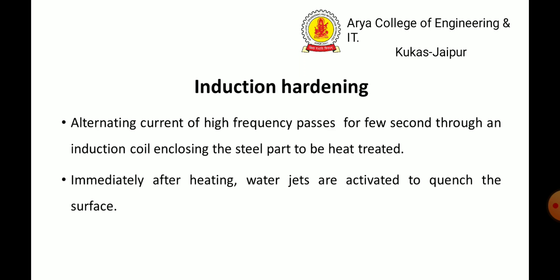Here the depth of penetration decreases as the frequency of current increases. The typical parts that have been induction hardened are mainly piston rods, pump shafts, spur gears and cams, and immediately after heating water jets are activated to quench the surface. So this is all about the heat treatment processes.